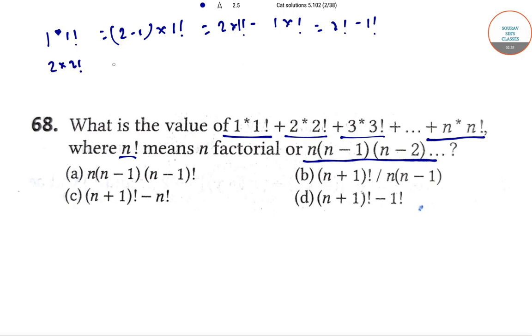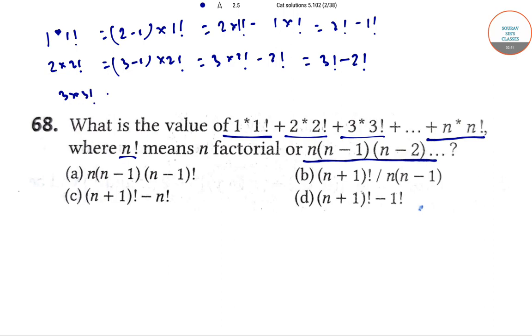Again 2 into 2 factorial can be written as 3 minus 1 into 2 factorial, or 3 into 2 factorial minus 2 factorial, that is 3 factorial minus 2 factorial.